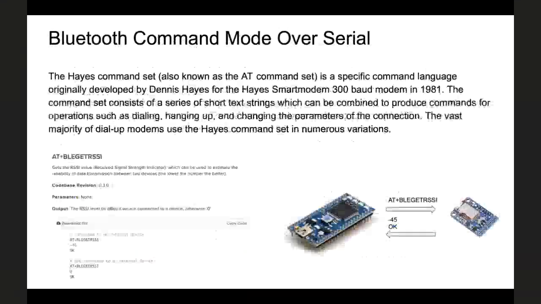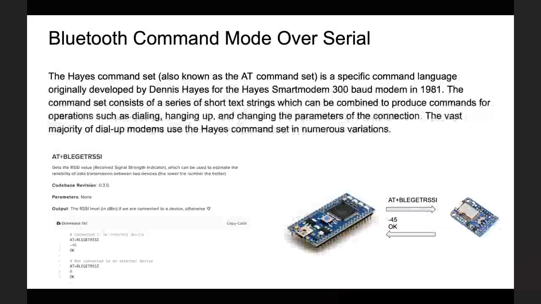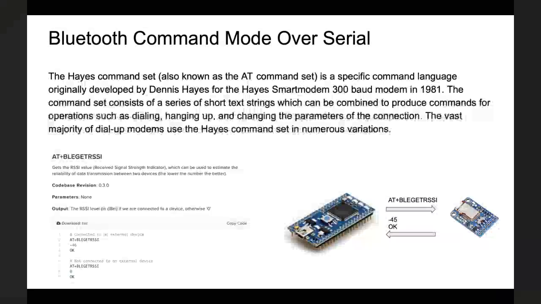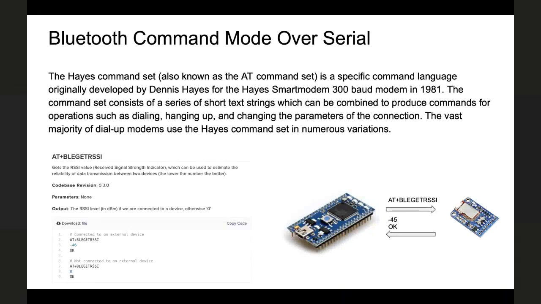For our project, we're using the command mode built into the Bluetooth module. Although it is not introduced in the lab, the Bluetooth module we have in the lab kit has the capability of receiving an AT command string, a serial string from the mbed, and responding with unique data and its identifiers, ending with an OK.